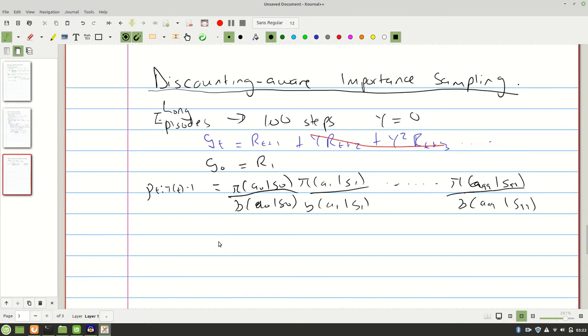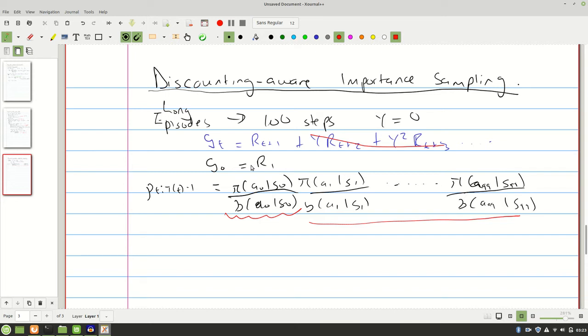So let's look at ordinary importance sampling. This return will be scaled by the entire product here. But we only need to scale it by this first term. These other 99 factors are irrelevant when we're computing G0. Why?